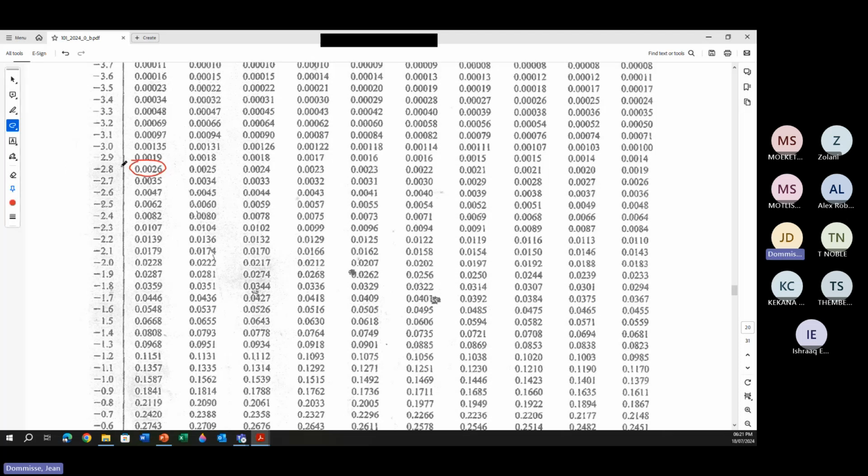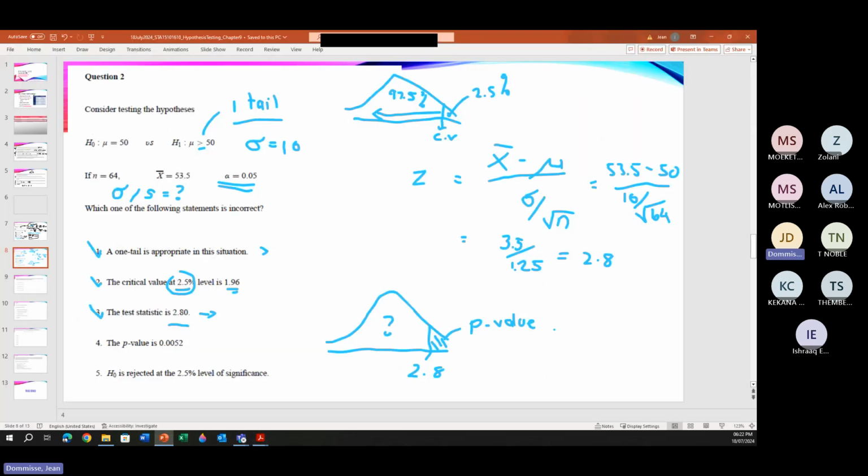So negative 2.8, 0.026. So that p-value is equal to 0.0026. Okay, which then tells me that this p-value is wrong.